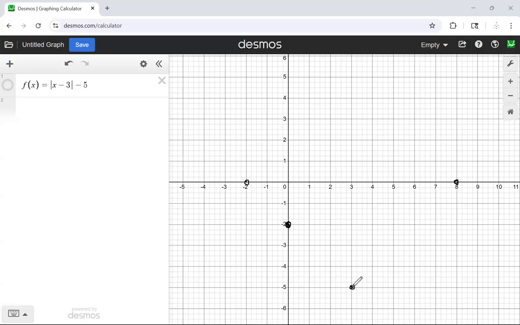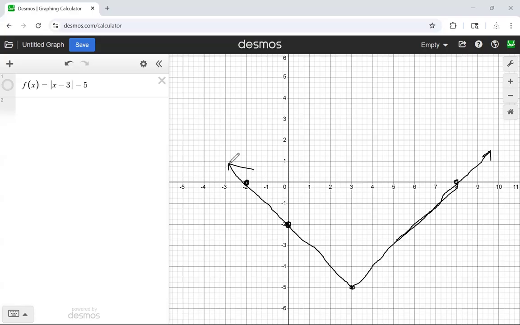Notice that what I'm getting is a graph. We know what the absolute value looks like. It looks like a V. I'm getting a graph that's moving up to the right this way, starting at my vertex of 3, -5, and also moving up and to the left, going through both 0, -2, my y-intercept, and -2, 0, which is my other x-intercept.